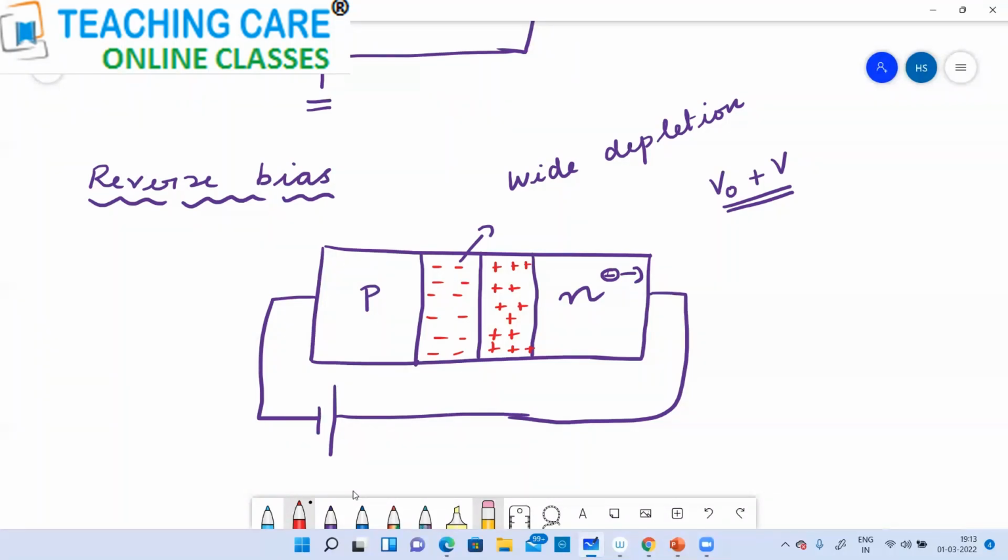Correct. And similarly, the positive terminal of the battery is attracting the electrons from the N side. Yes, because those are the majority carriers for each of them.